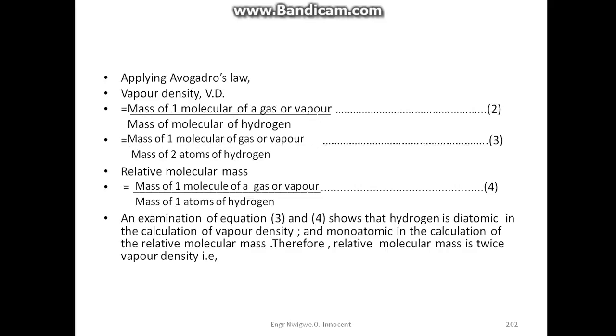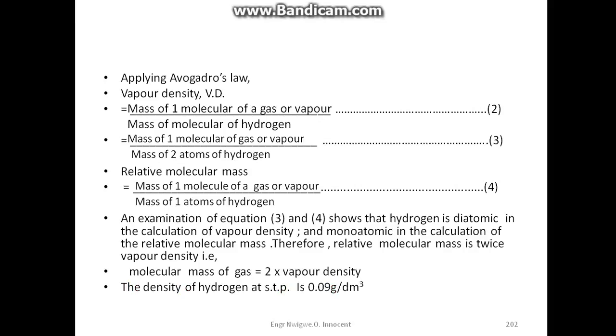Therefore, relative molar mass is twice vapor density, that is, molar mass of gas equals 2 times vapor density. The density of hydrogen at STP is 0.09 gram per dm cube.